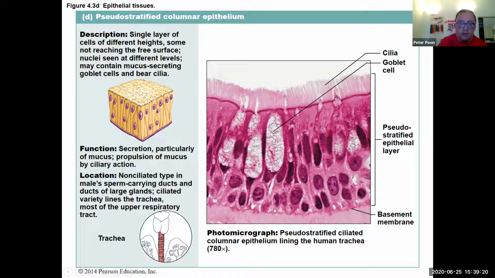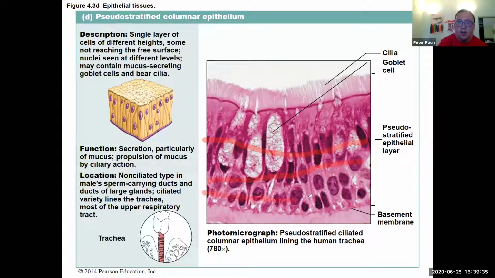If you look, I can see one layer of nuclei here, another layer here, and a third layer there. But if I look at each particular cell, every cell touches the bottom. So I know it's not stratified, I know it's pseudostratified. So pseudostratified columnar epithelium.